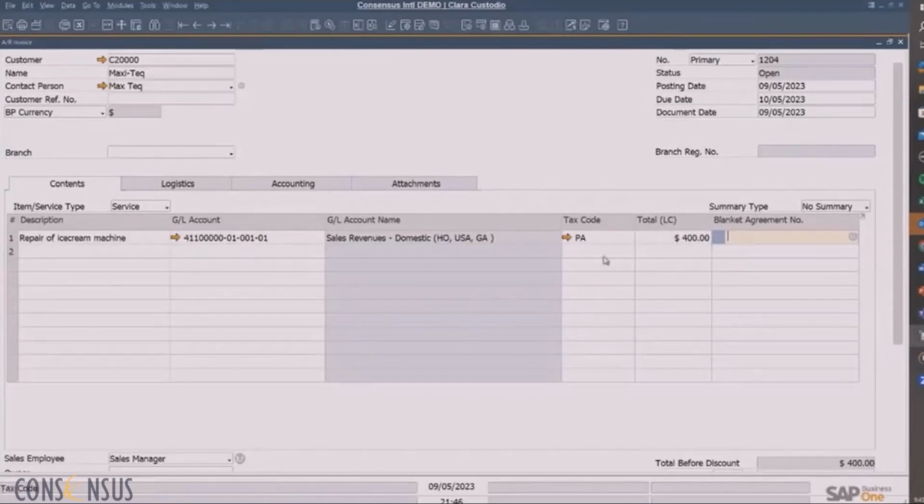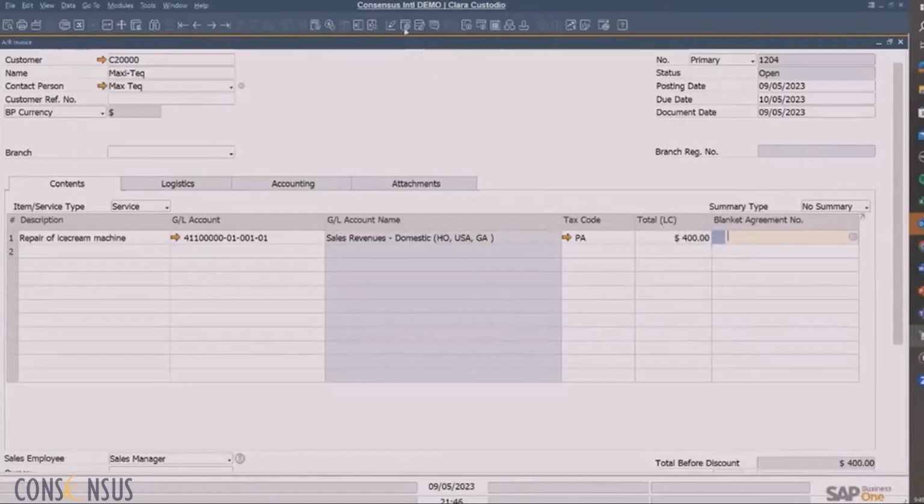So since we have no visibility of that column in this scenario, of the unit price or of the discount column, we are not aware that by correcting the total amount, we are actually giving a discount from the original unit price we inputted.